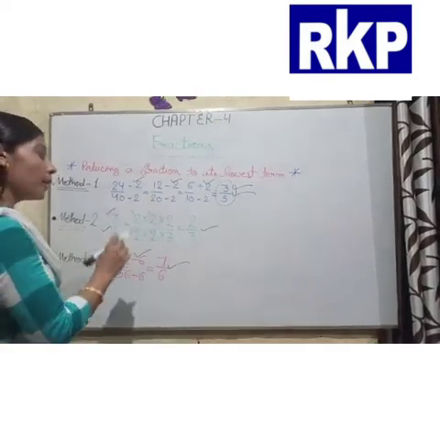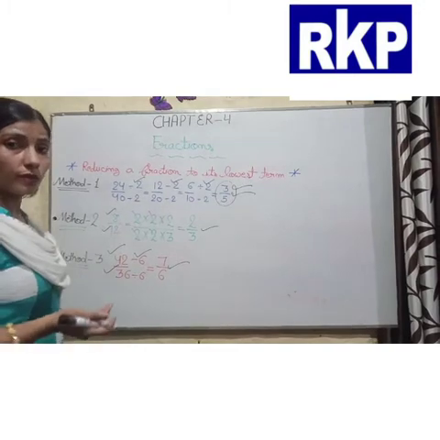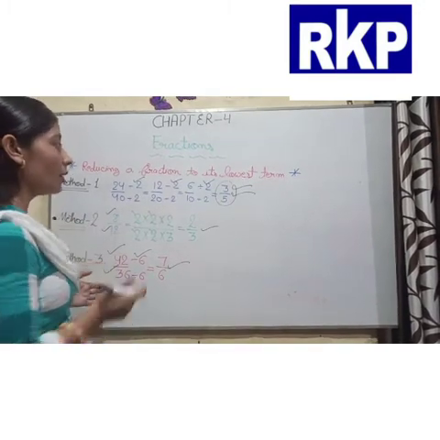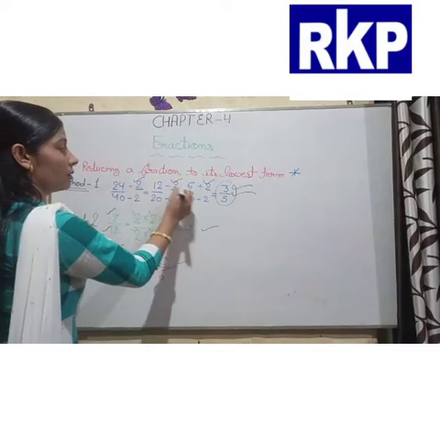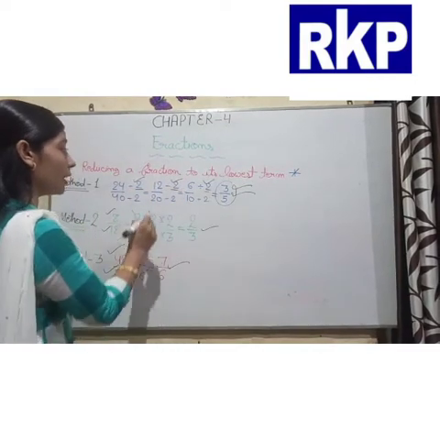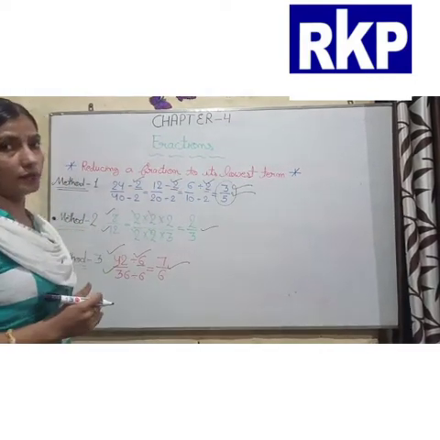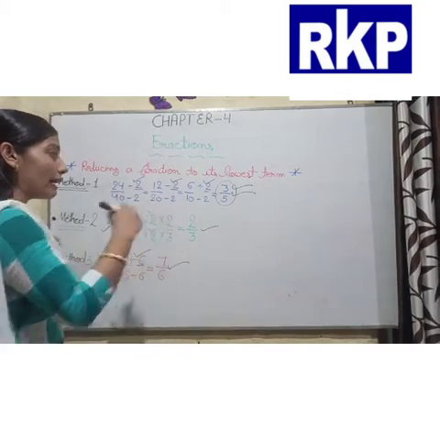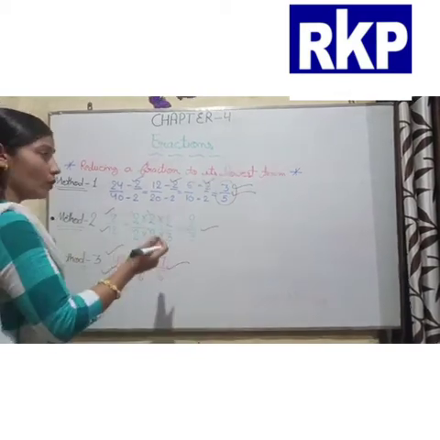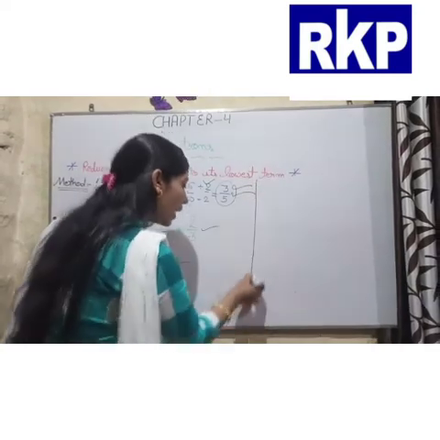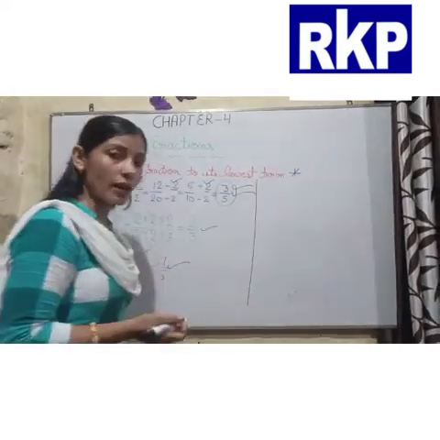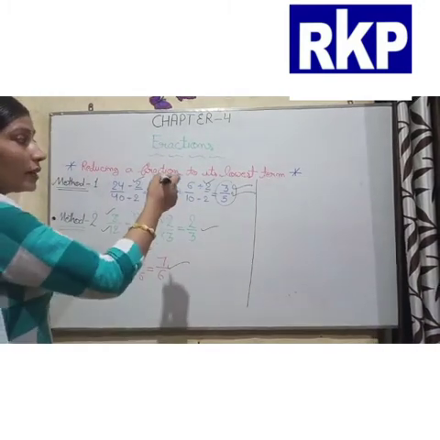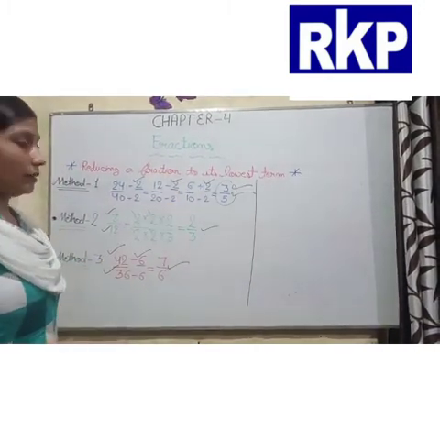But we can reduce a fraction to its lowest term without writing this number, without writing the divisor. We can do it directly also. So let us see how we can reduce a fraction to its lowest term directly.